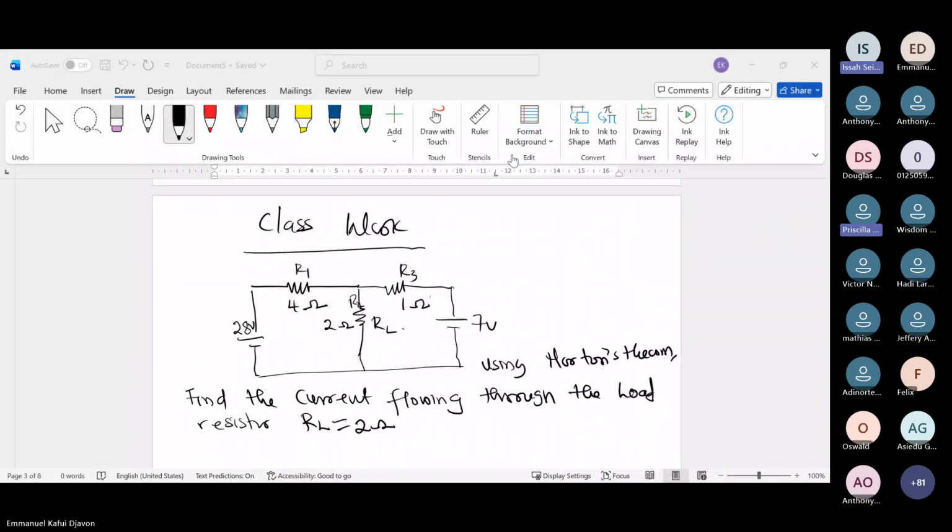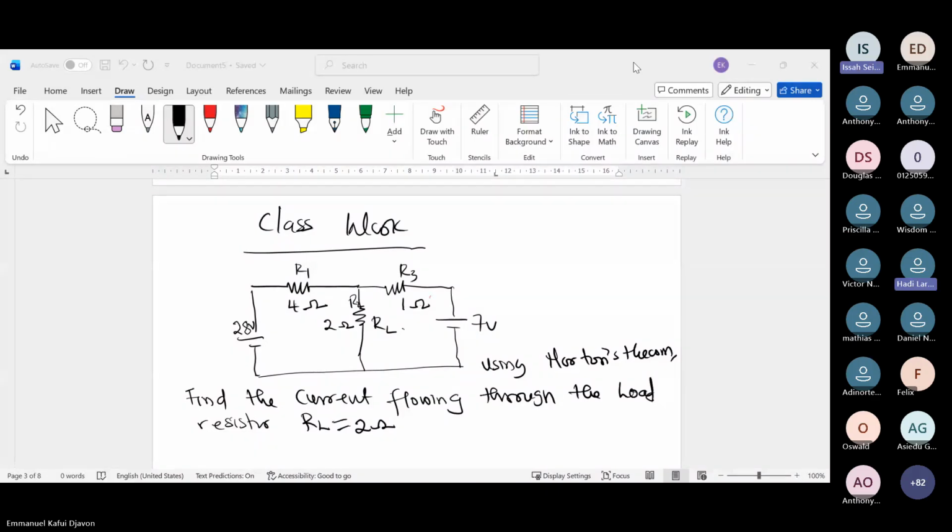What have you gotten? I got 0.8. Which one did you get 0.8? The two resistors in parallel. Correct, 0.8. And then the second one I got IL, 14.